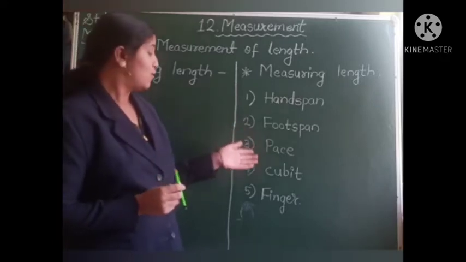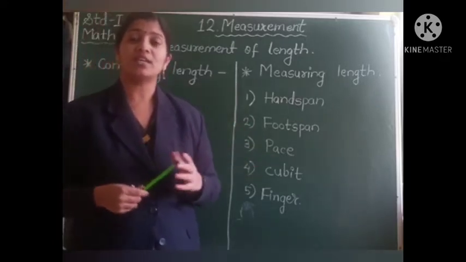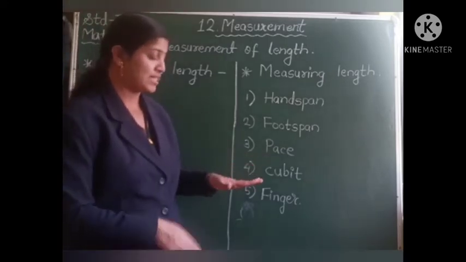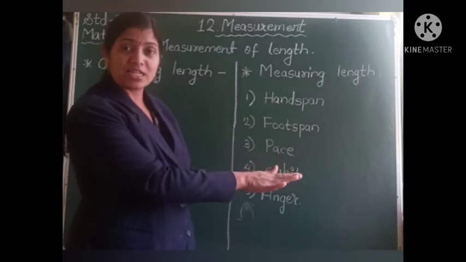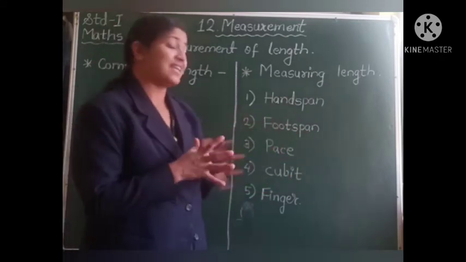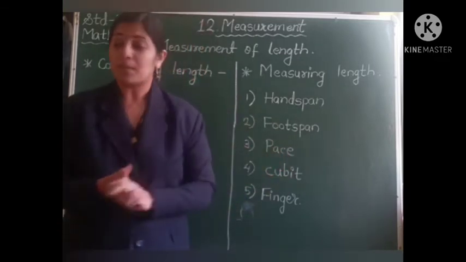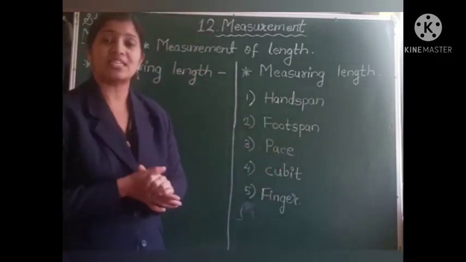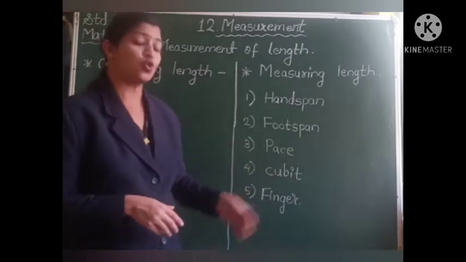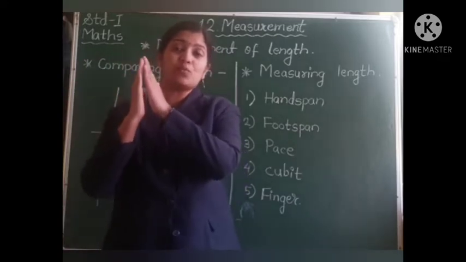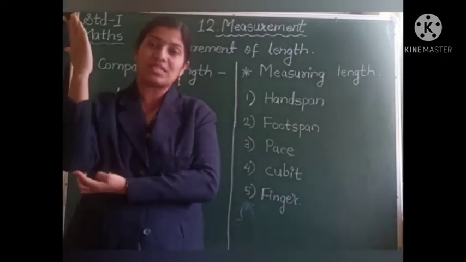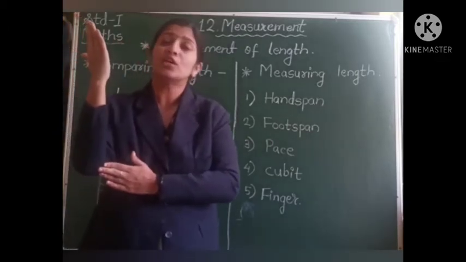The next is foot span. How is it done? One foot is kept, again the next foot is kept, then the next foot is kept, and this way the foot span is counted. The next is pace. Pace is the distance between the two feet of a human being. Next is the cubit. Cubit is the distance between the tip of my finger up to my elbow.